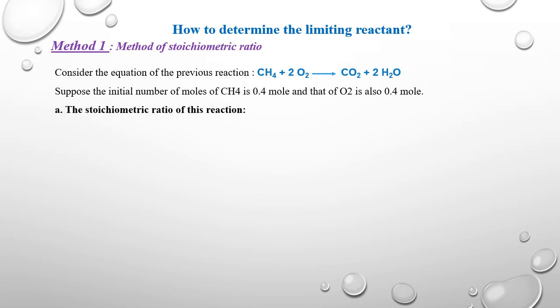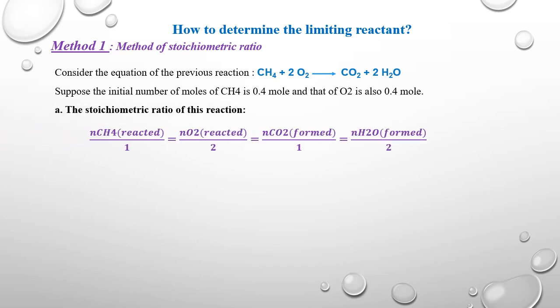The stoichiometric ratio of this reaction is, again, number of moles of CH4 reacted over 1 equal number of moles of O2 reacted over 2 equal number of moles of CO2 formed over 1 equal number of moles of H2O formed over 2.